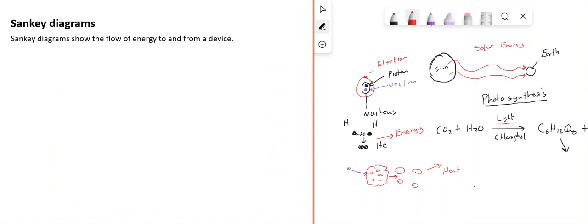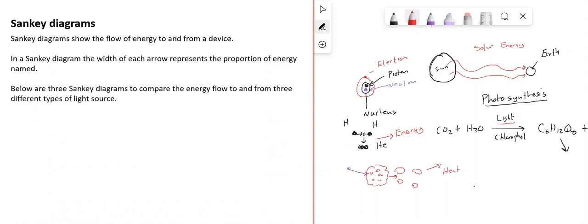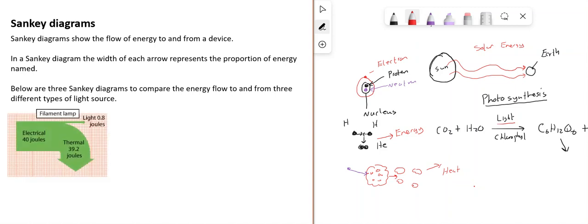So Sankey diagrams show the flow of energy to and from a device. And in a Sankey diagram, the width of each arrow represents the proportion of energy named. Below are 3 Sankey diagrams to compare the energy flow to and from 3 different types of light source. So if we have a look at this, this is a filament light bulb.